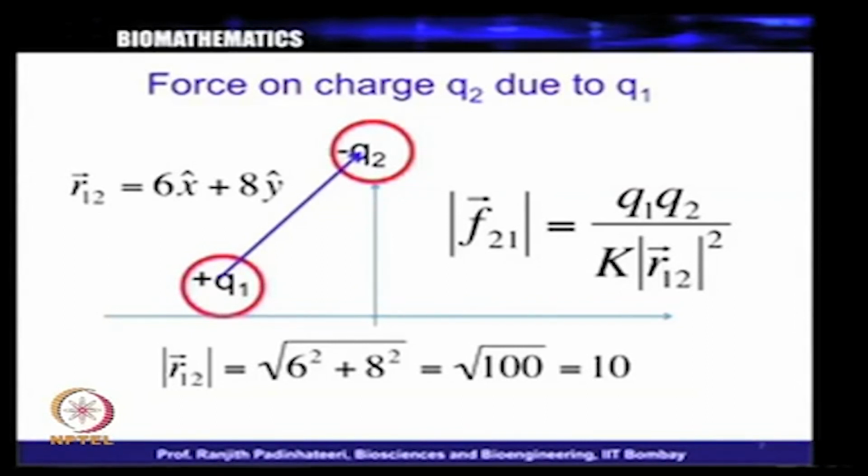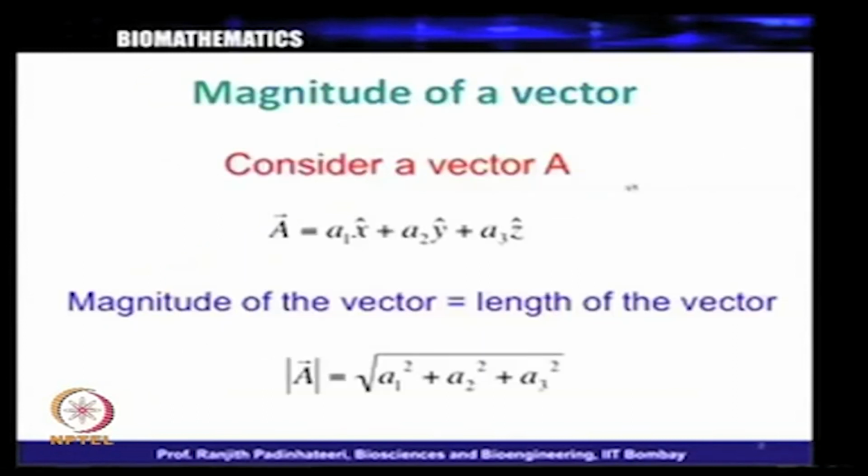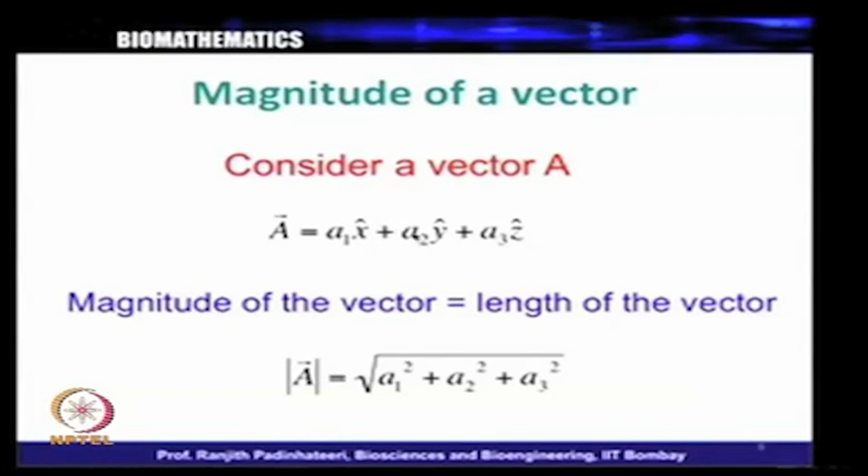So, let us just discuss what we discussed about magnitude once more. If you have any vector A in 3D, let A be a1x plus a2y plus a3z, where a1 is the component along the x axis, a2 is the component along the y axis, a3 is the component along the z axis.